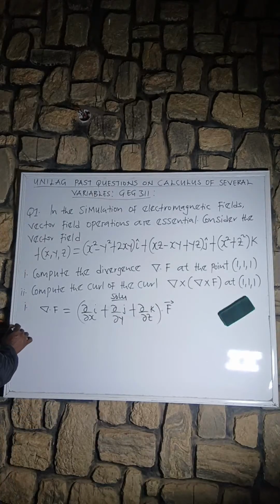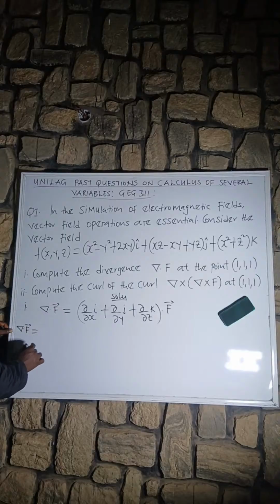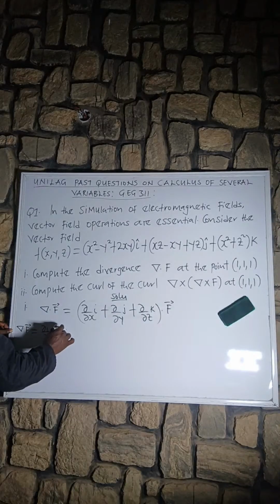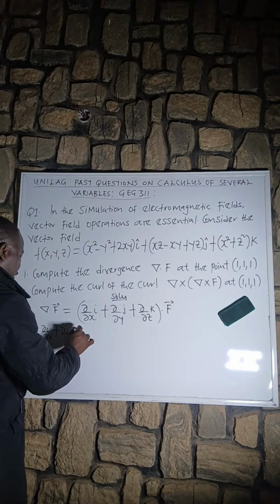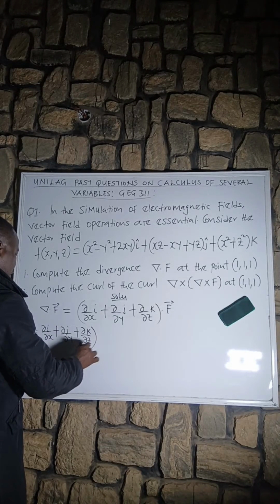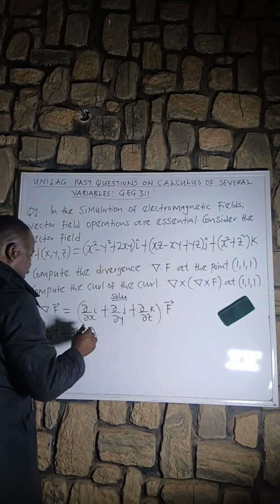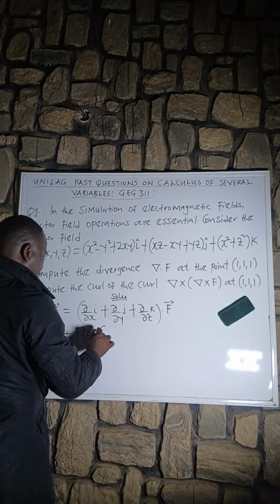Our del dot F is equal to partial i all over partial x plus partial j all over partial y, then plus partial k all over partial z, times the vector function. So far so good.